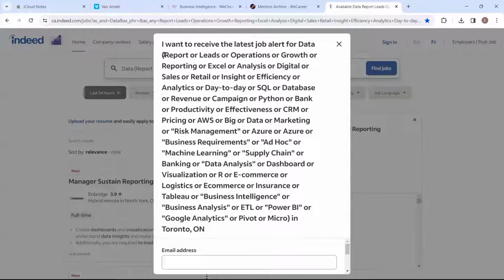It's a long list, from here to here. But as you can see, all these keywords or key phrases are separated by "or", right? So it's one of these. You can also see key phrases I put within quotes, meaning this will treat it as just one phrase. So that means if the posting has the keyword data and one of these, it will come back.